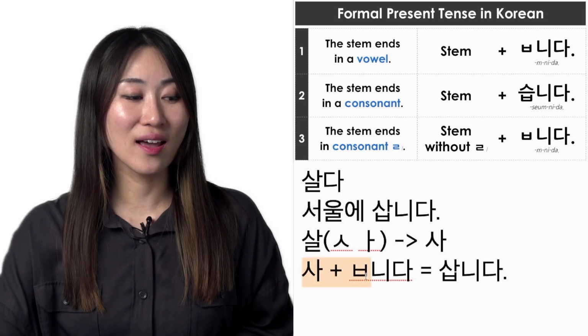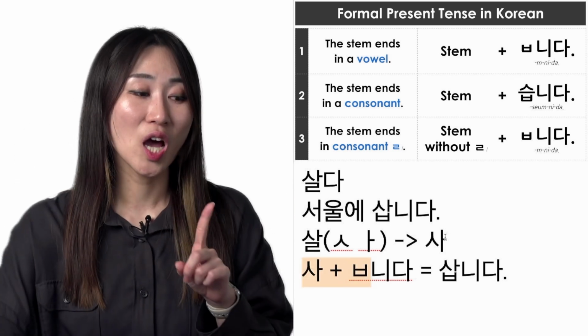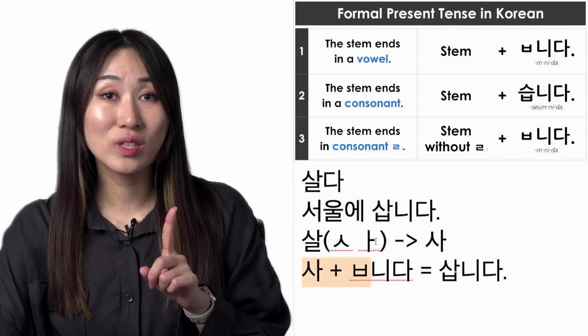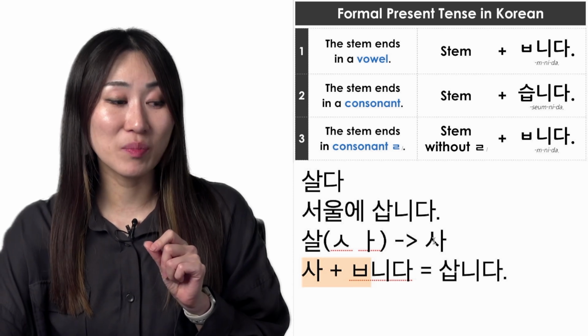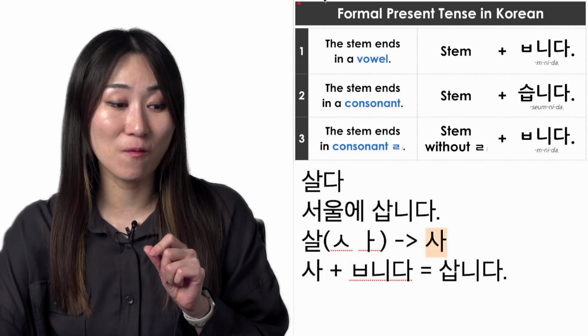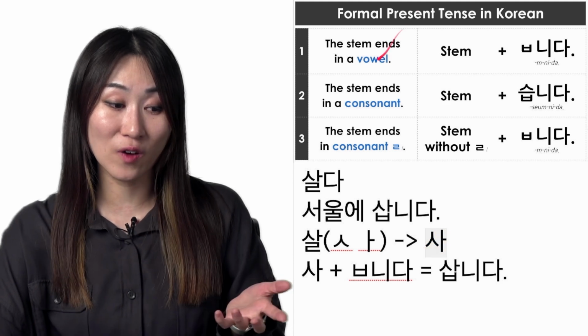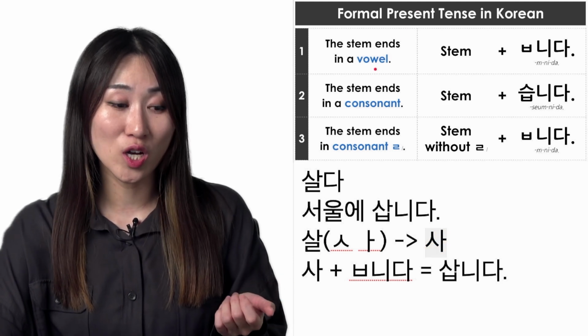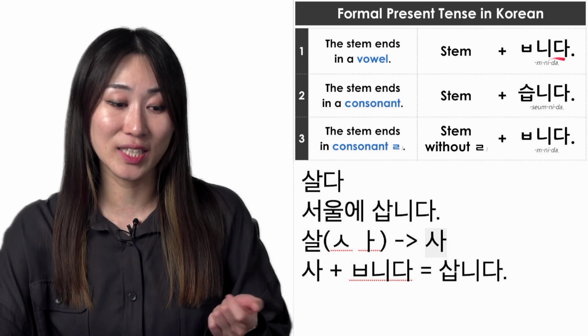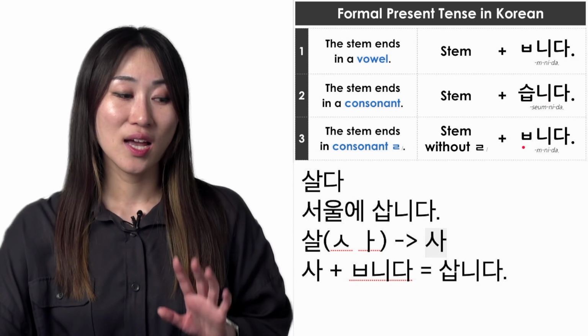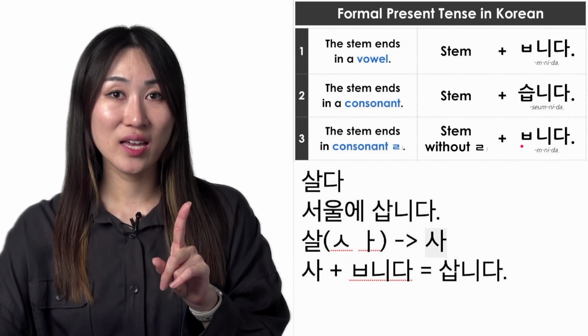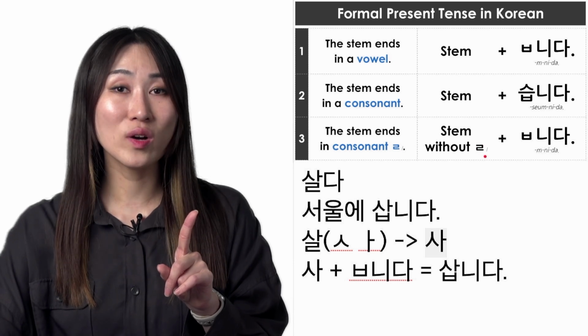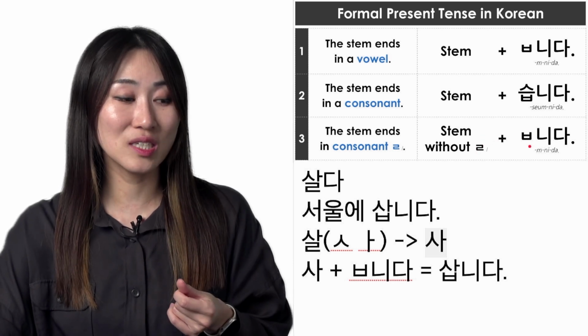So this 사 and 비읍 are combined because once you take out the 리을 sound, it becomes 사, which ends in a vowel sound, right? It ends with a vowel. So you need to use this 비읍니다. So if the stem ends with 리을, always replace 리을 with 비읍니다.